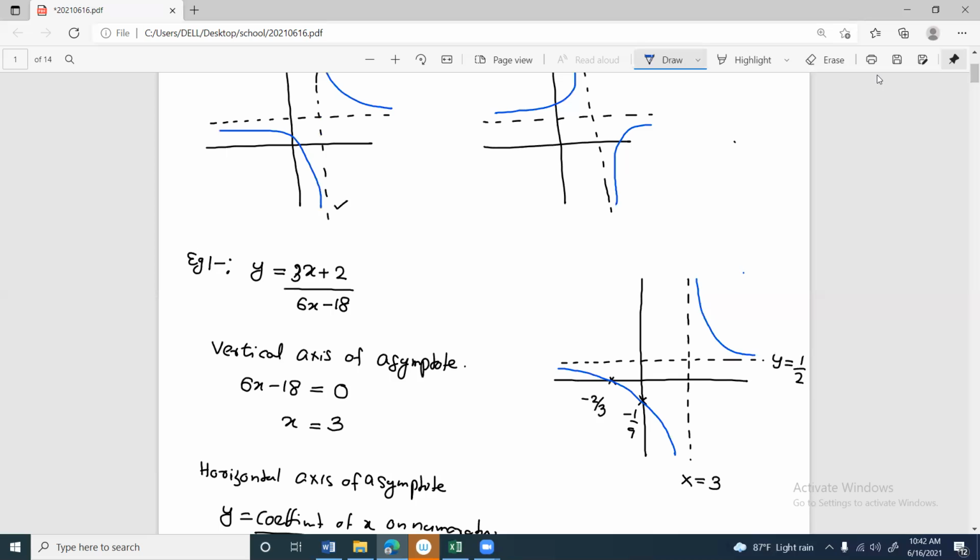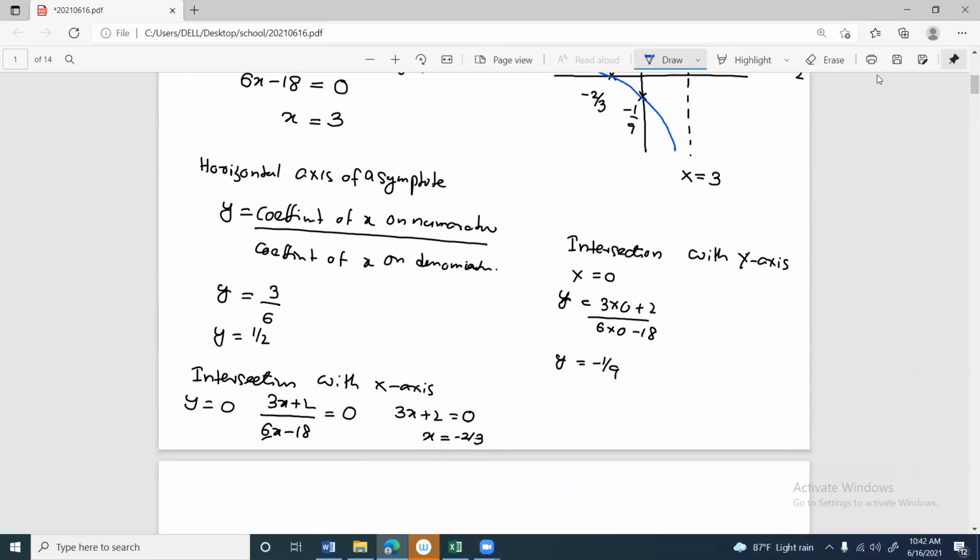Then we'll go ahead with another example.